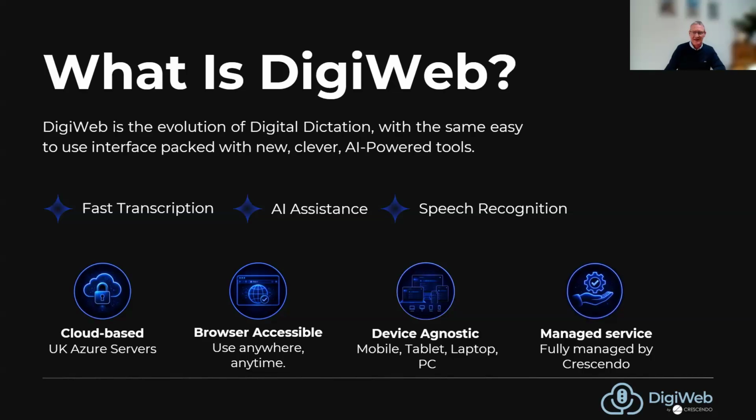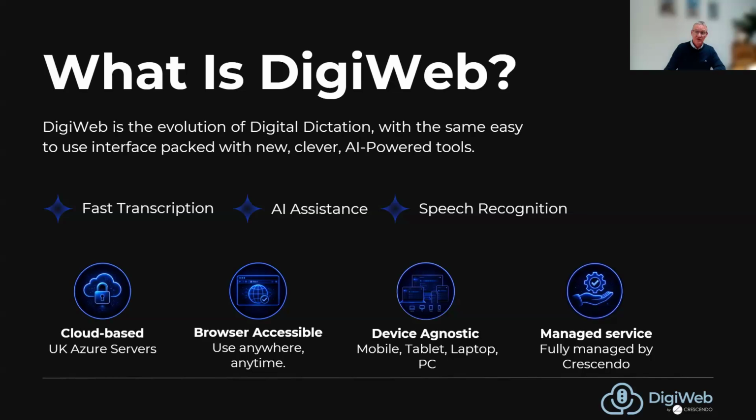What's most compelling is the impact DigiWeb is having on medical professionals who are saving a minimum of 1 hour per day while significantly reducing admin costs compared to other providers. DigiWeb is cloud-based using Microsoft Azure UK servers.